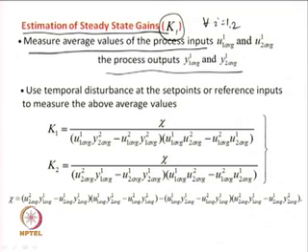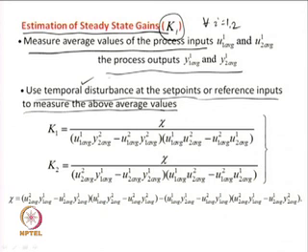Now, use some temporal disturbance at the set points or reference inputs to measure the above average values at a second instant. When you give some disturbance, like changing the value of R1 or R2 by some small magnitude, you will have different input and output measurements.